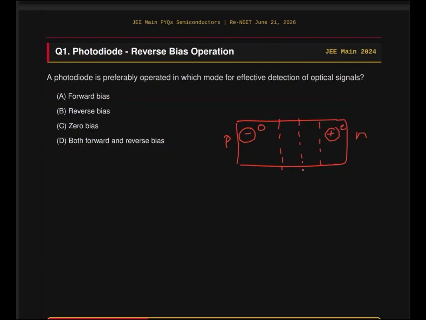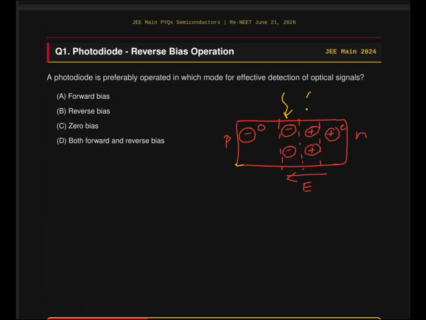And this is the depletion region. Here you have negative ions and positive ions with the internal electric field being N to P. Here the minority charge carriers are in the P side and N side. In the depletion region there are no majority charge carriers, right?